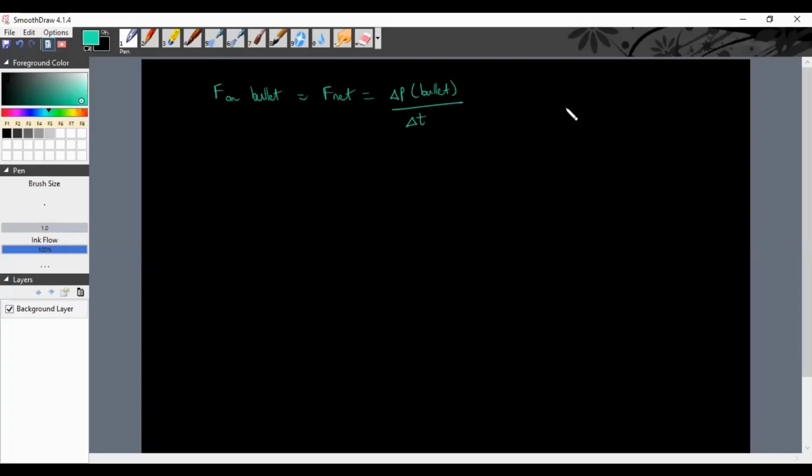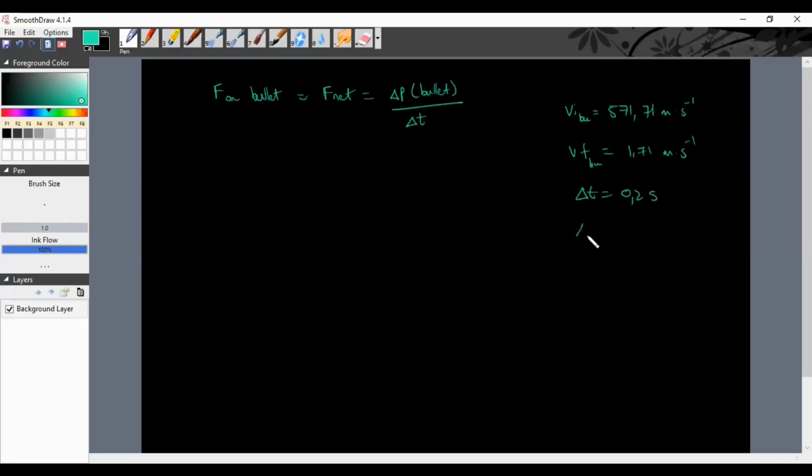We know the VI of the bullet was equal to 571.71 meters per second. And the final velocity of the bullet was 1.71 meters per second. And we also know that delta t was equal to 0.2 seconds.